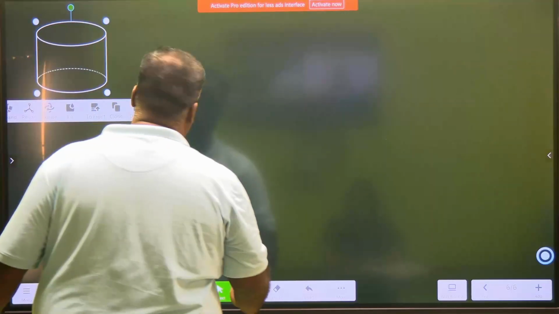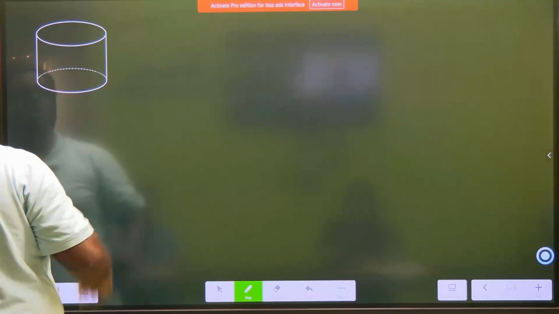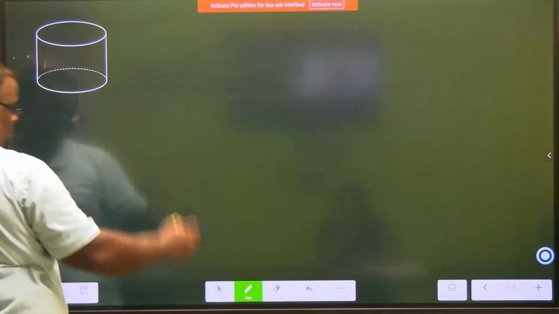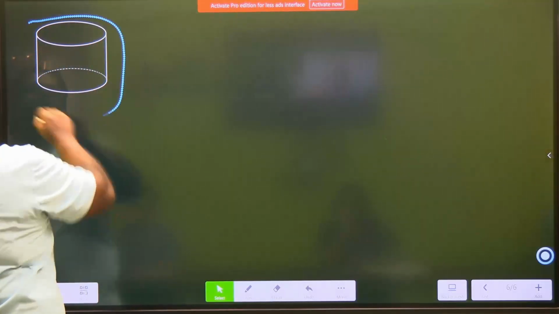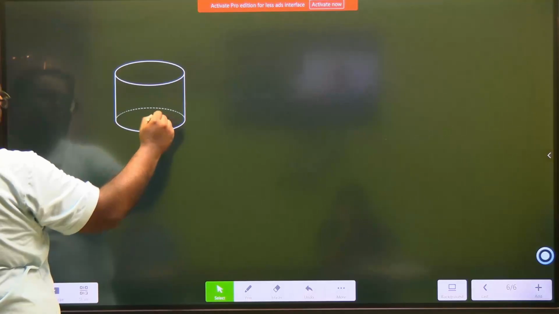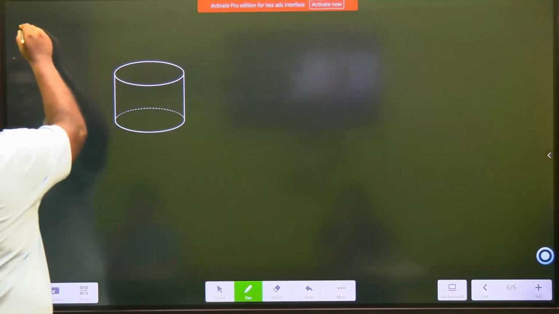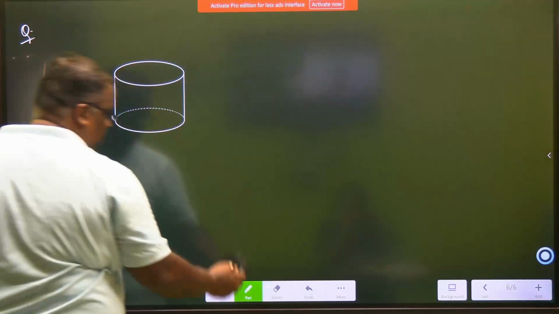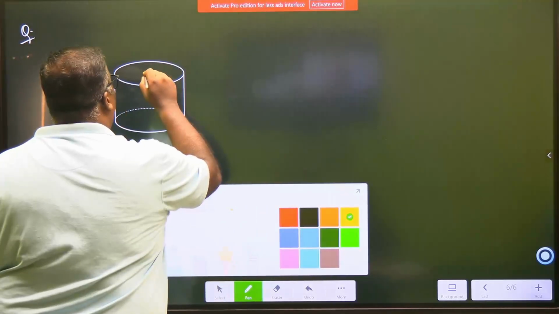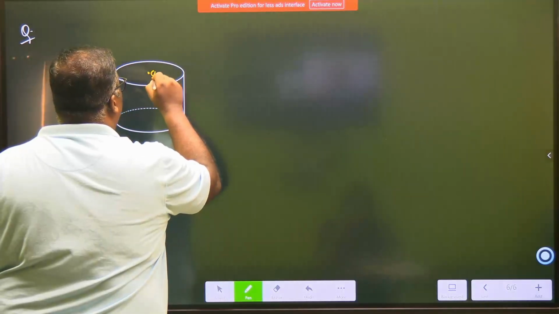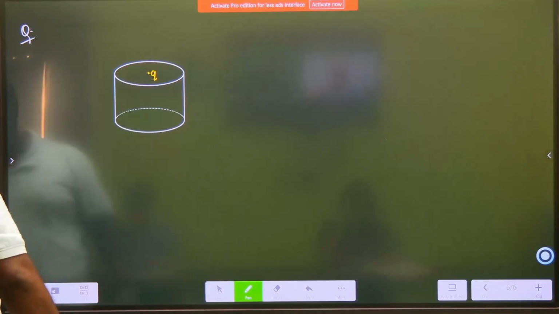Okay, so my first example is that I have a charge. One minute, children. This is my first question, and the charge is placed right at the center of the top surface.